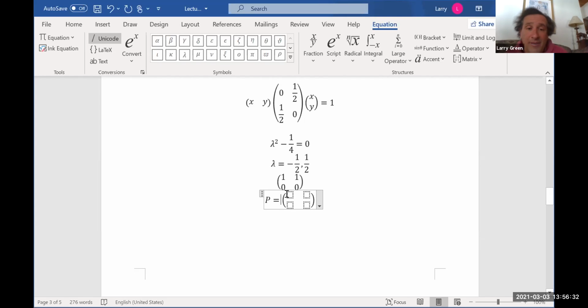Well, if you take the first eigenvector, notice that's going to be 1, -1, or 1 over root 2, because we want to make it orthogonal, and -1 over root 2.